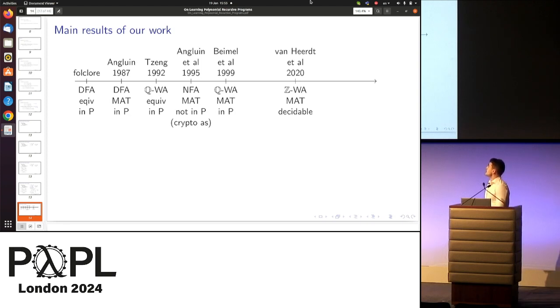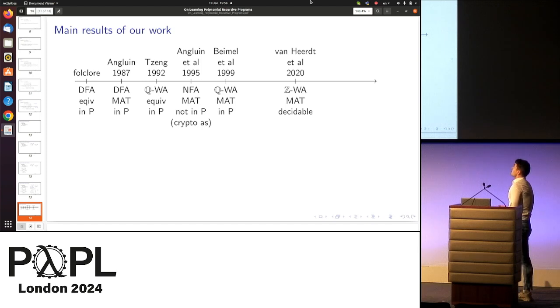So in the field of automata theory, two important problems are the problem of equivalence, so deciding if two automata are computing the same function, and the exact learning problem in Angluin's framework. I guess it's folklore that for deterministic finite automata, the equivalence problem can be solved in polynomial time.